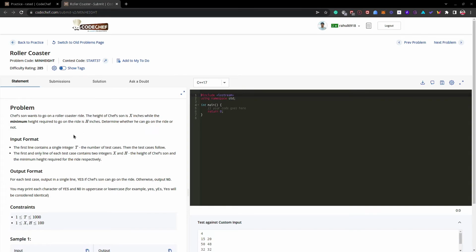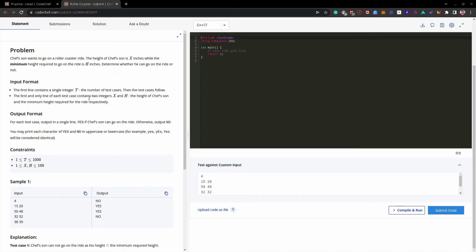So here the son wants to go on a roller coaster ride. The height of the son is X inches, and the ride requires H inches.